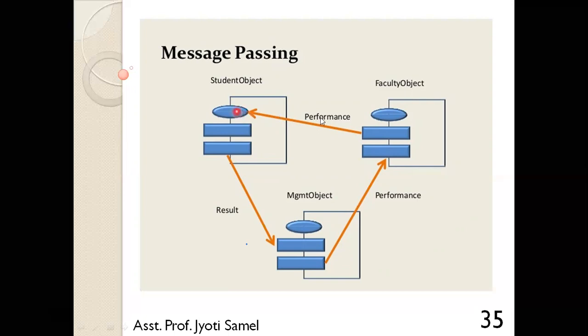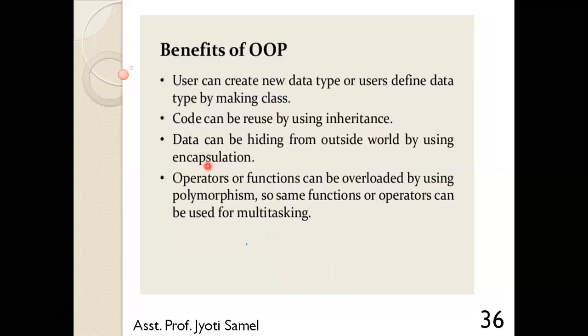So these things are communicating with each other by passing messages. So a student can pass a message, a request, to the management object, and faculty can communicate in this way. So each of them is communicating via message passing.